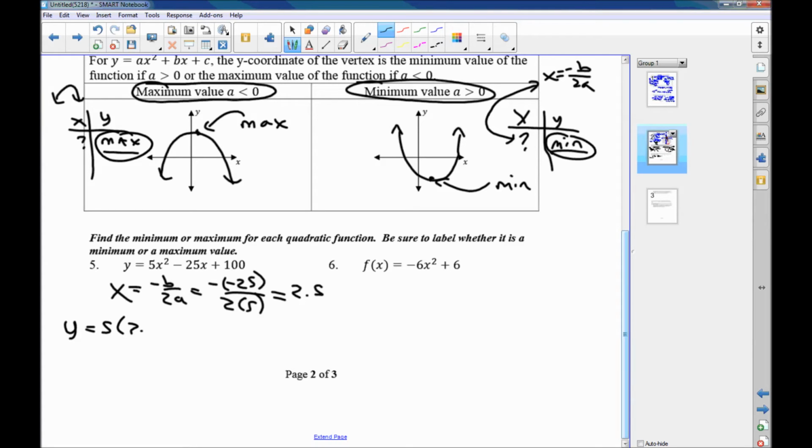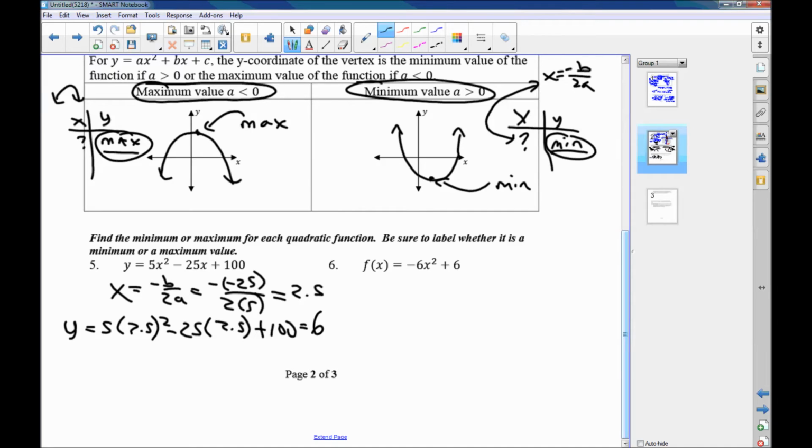y equals 5 times 2.5 squared minus 25 times 2.5 plus 100. I'm going to get a calculator and type this in. So I have 5 times 2.5 squared minus 25 times 2.5 plus 100, and I get 68.75.